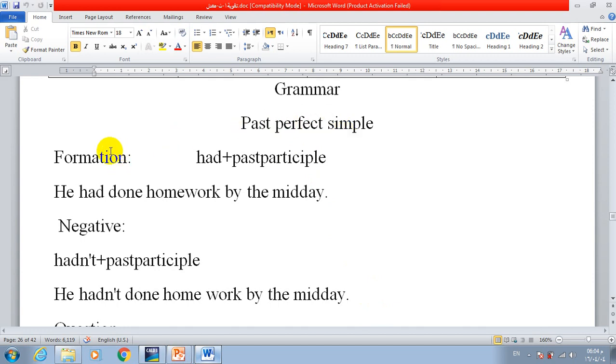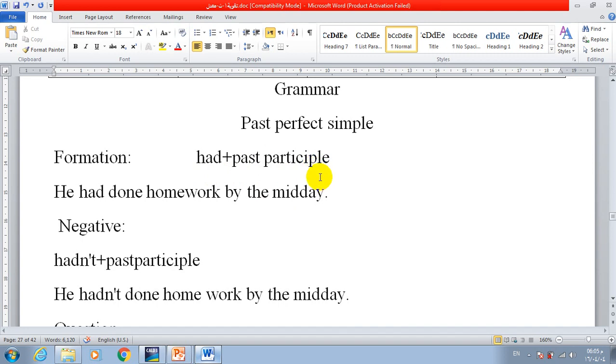At first, let's see or explain the formation for the past perfect simple. Its form is had plus past participle.